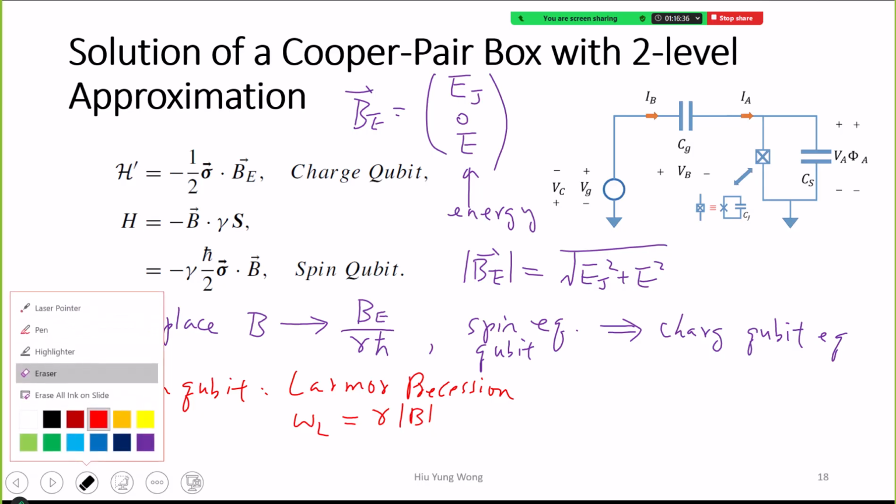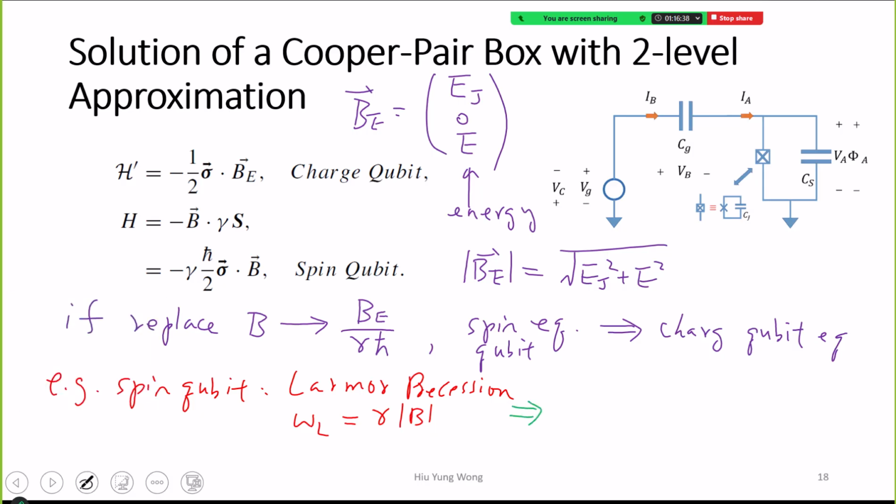So then what do you think? Then it means here we also have the charge qubit precess about this fake magnetic field. It doesn't matter if it's a magnetic field.